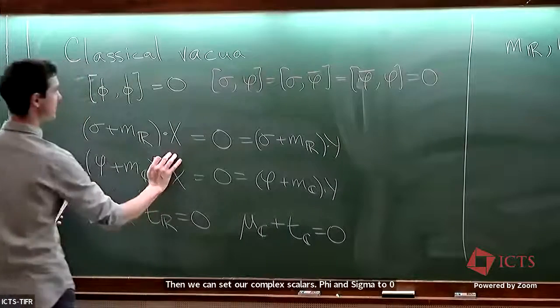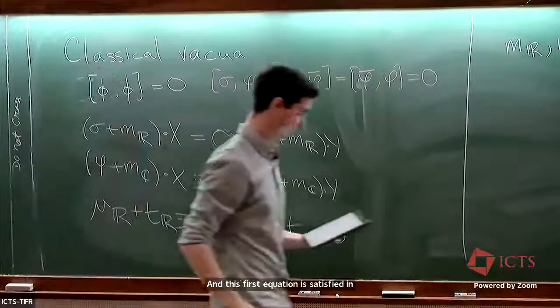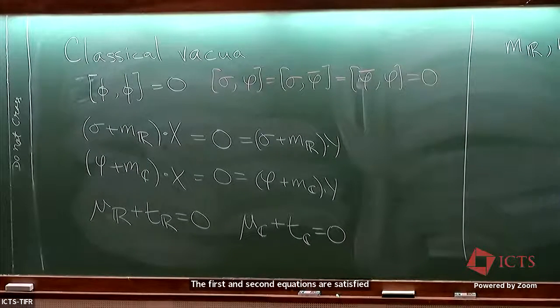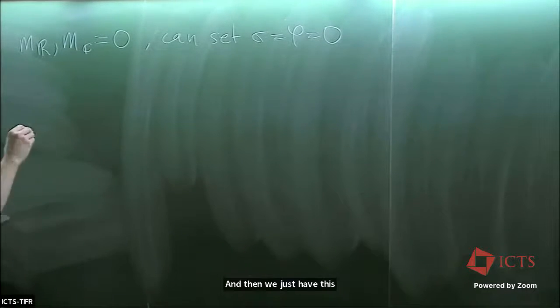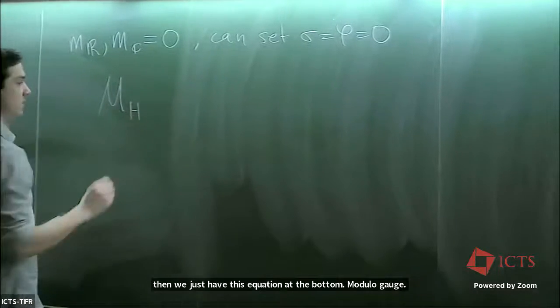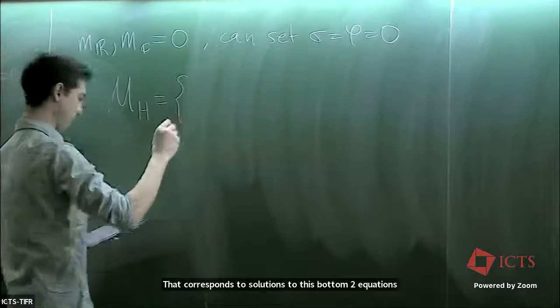And this first equation is satisfied, and the second equation is, sorry, the first and second equations are satisfied automatically. And then we just have this equation at the bottom, modulo gauge. So we have a special subspace, the so-called Higgs branch, that corresponds to solutions to these bottom two equations modulo the action of the gauge group.